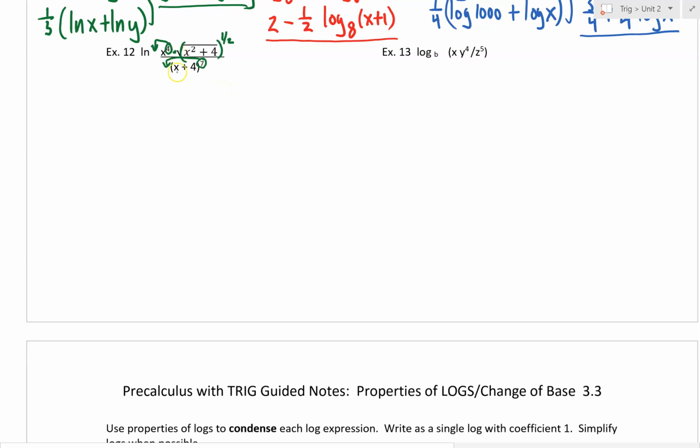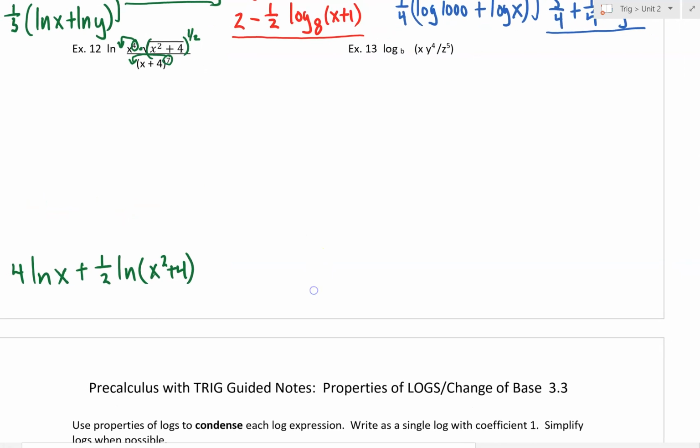So we've got a multiplication here. First one's going to say 4 ln of x, multiplication, plus, I've got to bring the half to the front, 1/2 ln of x squared plus 4. You don't have to do anything else to that particular piece because x squared plus 4 does not simplify in any way.